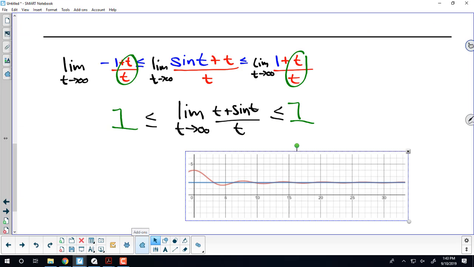But you said on our exam, you'll notify us when we need to use the squeeze theorem. Yeah, on your exam, I don't have any problems directly where you have to think, is the squeeze theorem applied here? And if so, what does that inequality look like?